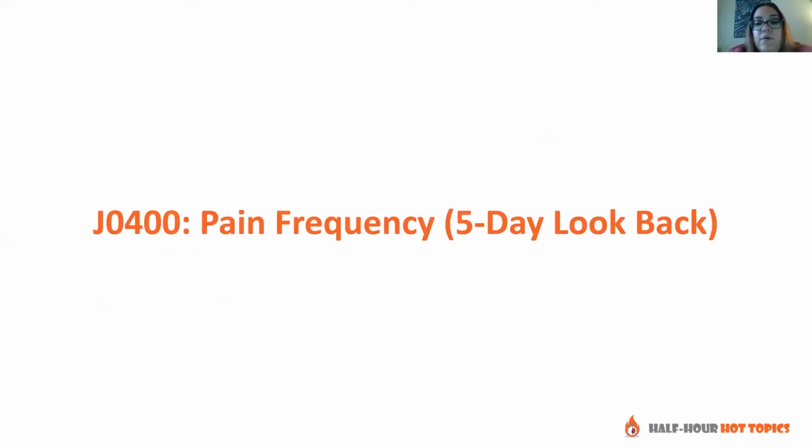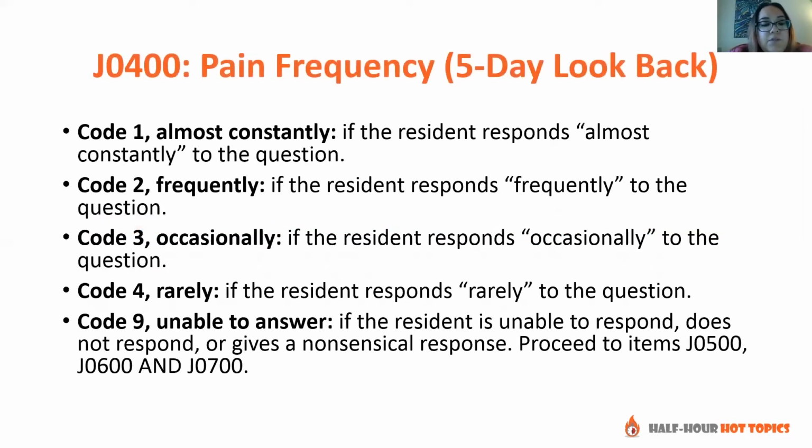And so the way that you would code this is almost constant, frequent, occasional, rare, or unable to answer. And where your quality measure is going to trigger is almost constant or frequent. If your resident is saying that they're experiencing pain at these intervals, then you're definitely going to trigger your quality measure.